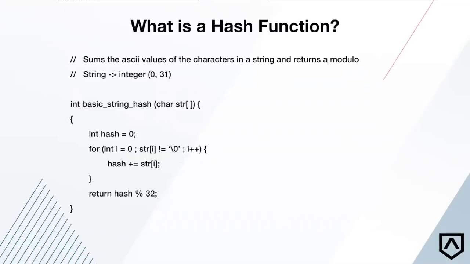This algorithm will take all of the ASCII values of a string and add them together, and then run it through modulo of 32, which will give us an integer between 0 and 31.